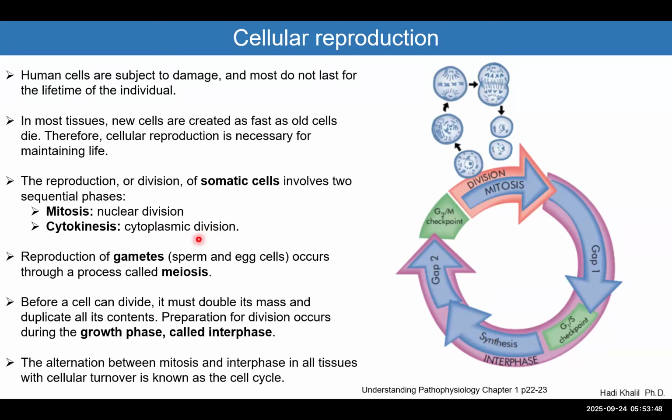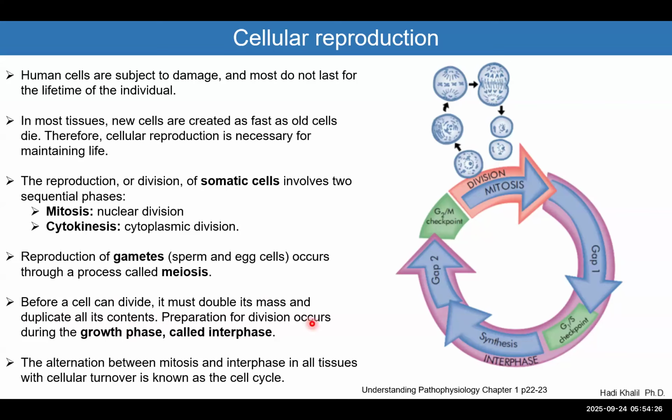Okay, now as you can see on this scheme, this is a very tightly regulated process. So cellular reproduction passes two checkpoints. One checkpoint is when the cell is preparing the material for the synthesis of the DNA and proteins, and one after that process. So before a cell can divide, it must double its mass and duplicate all its content.